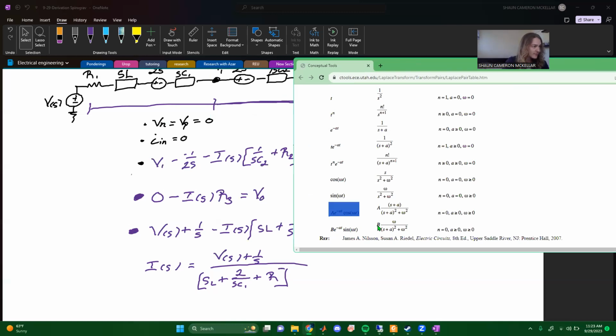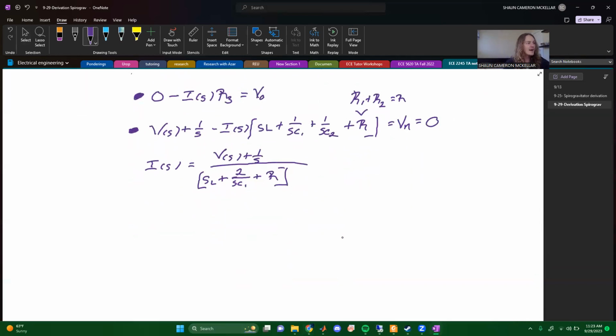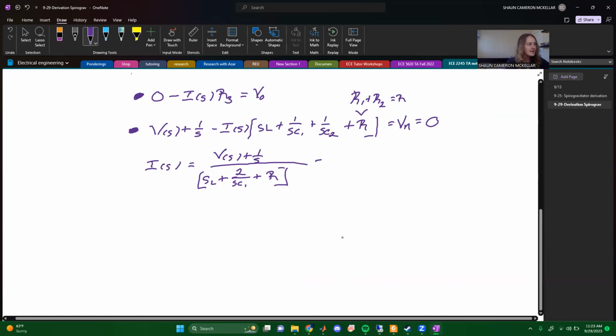So the form of the Laplace frequency dependent equation should be something like one of these 2. Let's go through and figure out what that is. Okay, so we can factor this equation and manipulate it to get it in that form. That's kind of where I'm going.